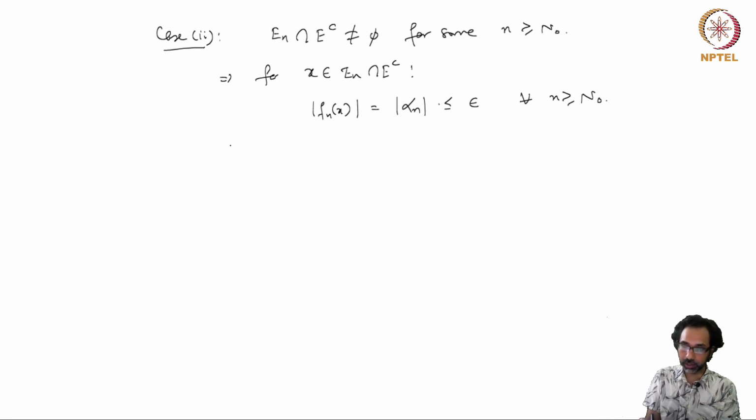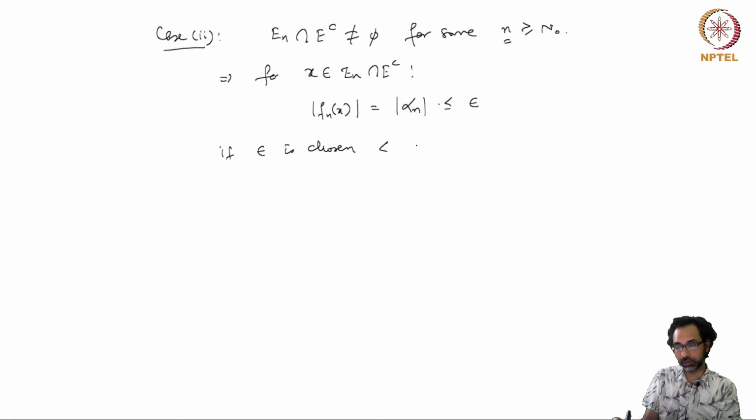And so this is not for all n, this is for this particular value of n greater than or equal to n naught.